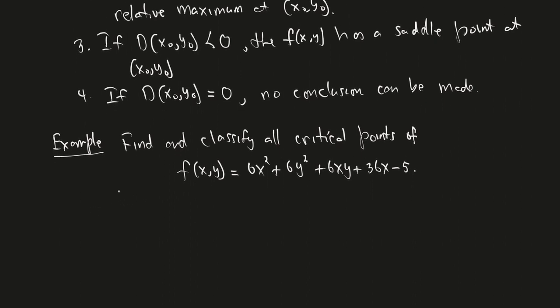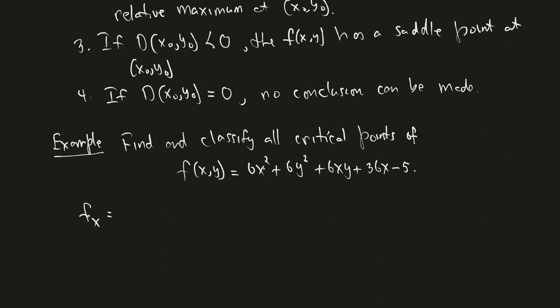Now for this type of surface, this is a polynomial, and we know that polynomials always exist, even when you differentiate them. Their derivatives always exist. So the only way this particular surface can have a critical point is if both first partial derivatives are equal to 0, right? So let's go ahead and find our fx.